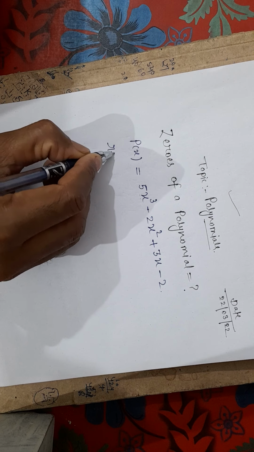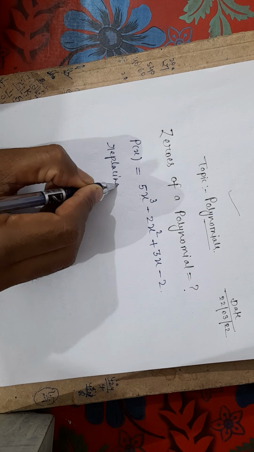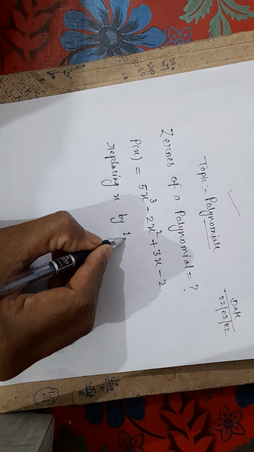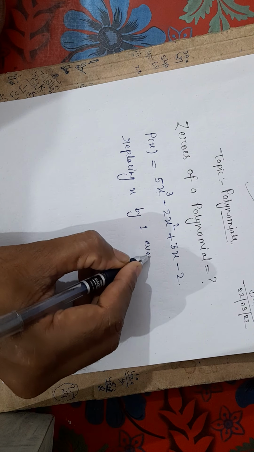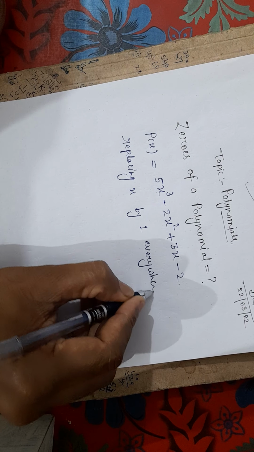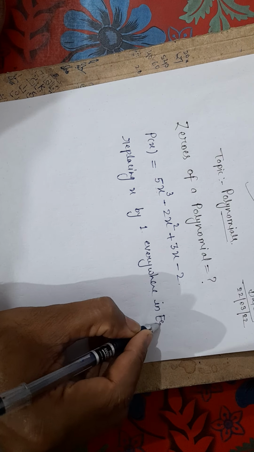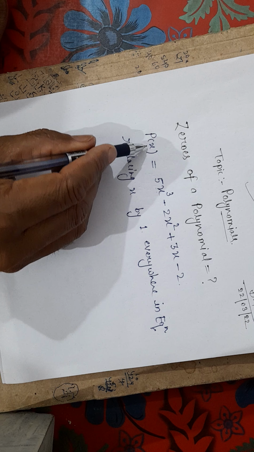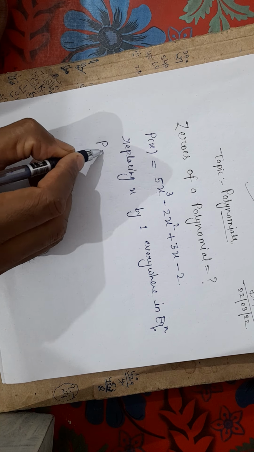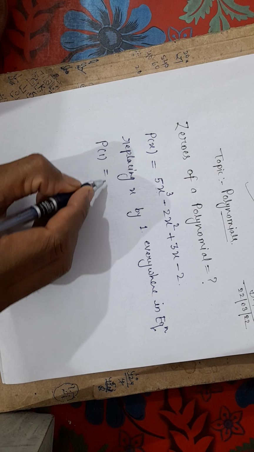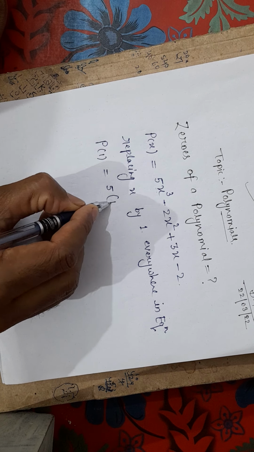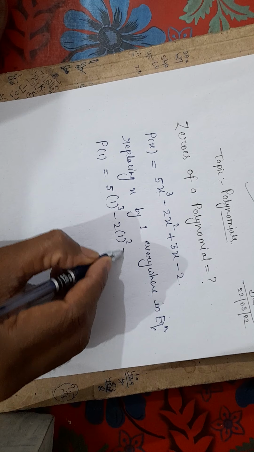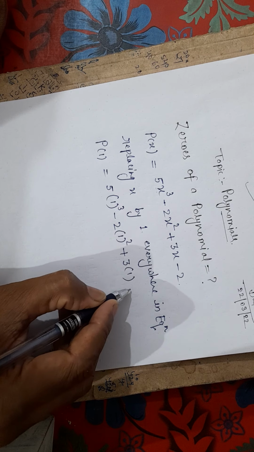Replacing x by the constant value 1 everywhere in the equation. So in the place of x we will put 1. p(1) equal to 5 times 1 exponent 3 minus 2 times 1 exponent 2 plus 3 times 1 and minus 2.